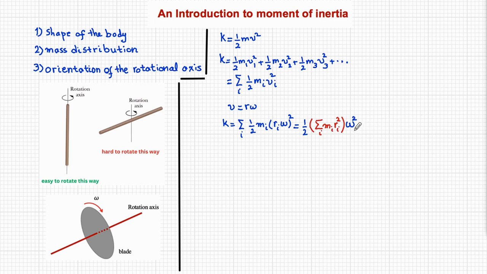Here omega is the same for all particles. The quantity in parentheses tells us how the mass of the rotating body is distributed about its axis of rotation. We call that quantity the rotational inertia or moment of inertia, and we show it by I.